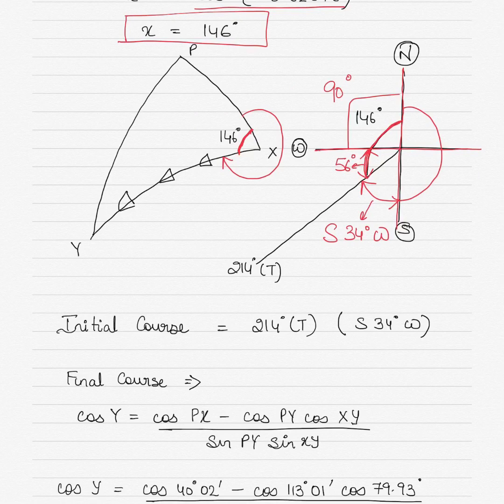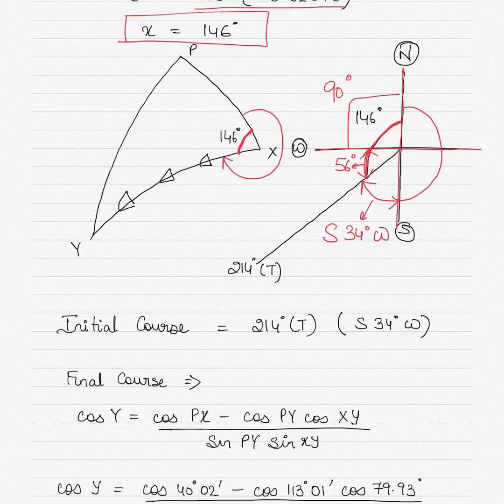So although I can find the initial course angle by subtracting the x value that you've got from 360, in this case I need to find the quadrant, because I will be using this information later on to decide on the position of the vertex. If you didn't understand how I named it, go back and watch the video again. So for the value 146, 90 degrees is in the northwest quadrant and the remaining 56 degrees in the southwest quadrant.